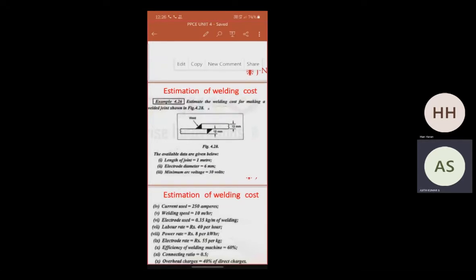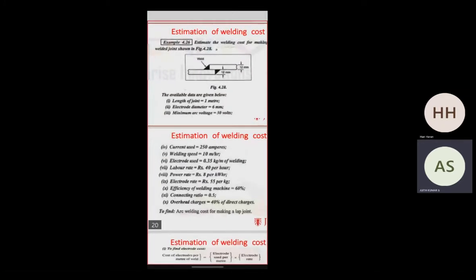So we want to find the arc welding cost for making a lap joint. First, we want to find the electrode cost. The electrodes are used for the welding process because the electrode is used for shielding.